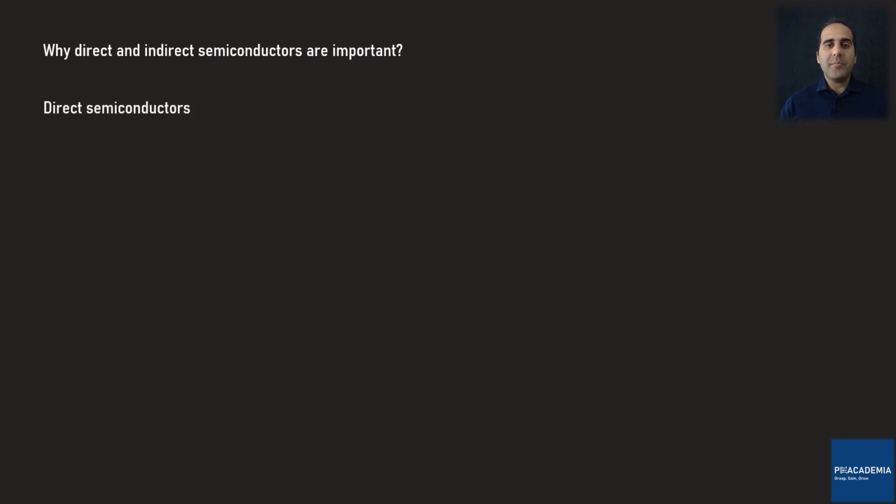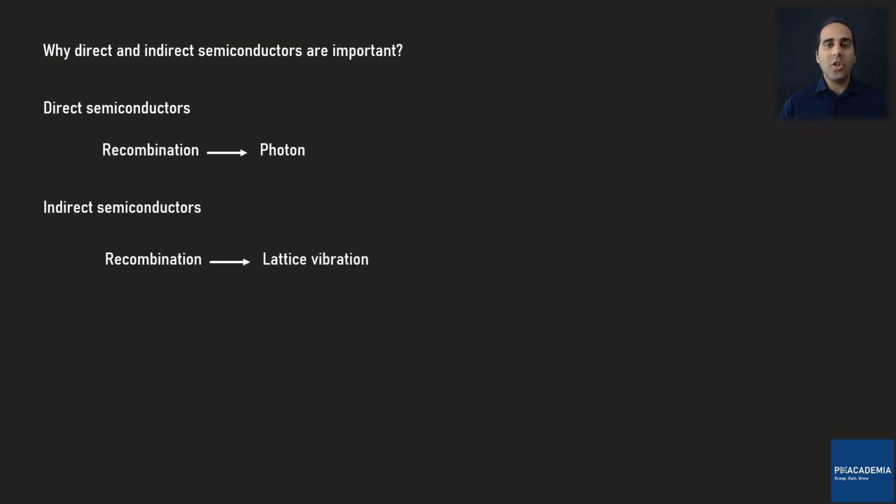In direct semiconductors, the recombination yields primarily photons, and in indirect semiconductors, the recombination yields lattice vibration, called phonon. The lattice vibration generates heat. Direct semiconductors are often used to build lasers, LEDs, and optical semiconductor devices.